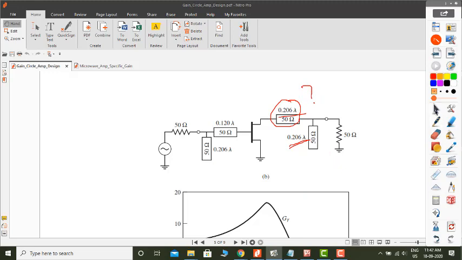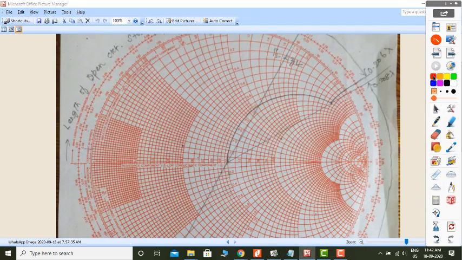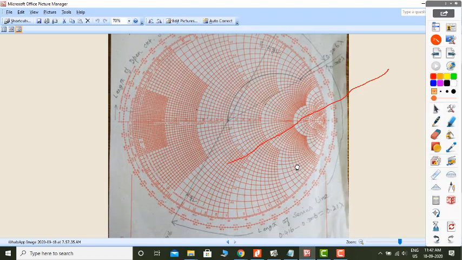The next step is to compute the length of the series line. To compute the length of the series line, again you draw a straight line from the center of the Smith chart passing through this arbitrary point. After drawing this line, you measure the distance between this line and the extended line.